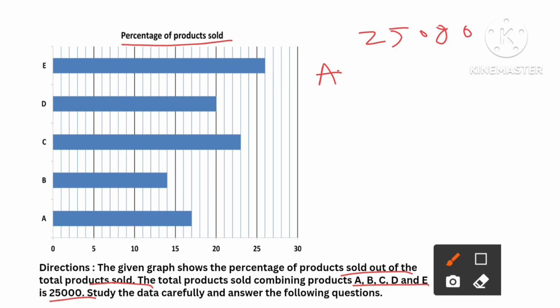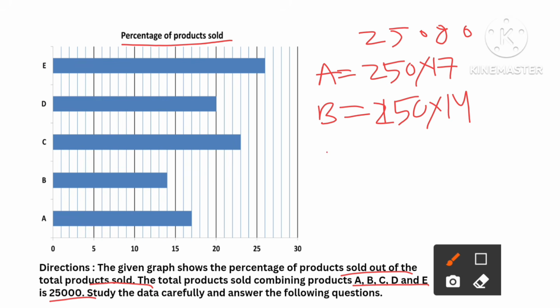A is 17%. 17% of 25000 is 250 into 17. Next, B value will be 14%, which means 250 into 14. C value will be 23, so 250 into 23.